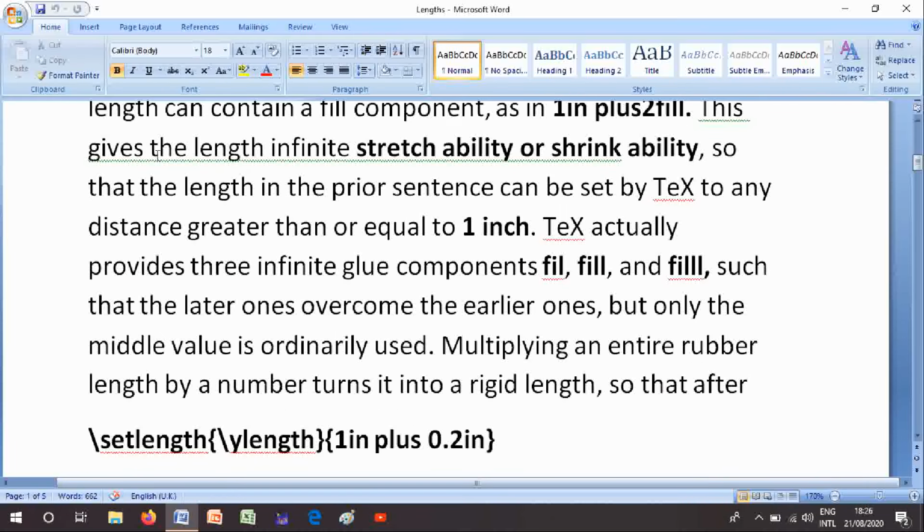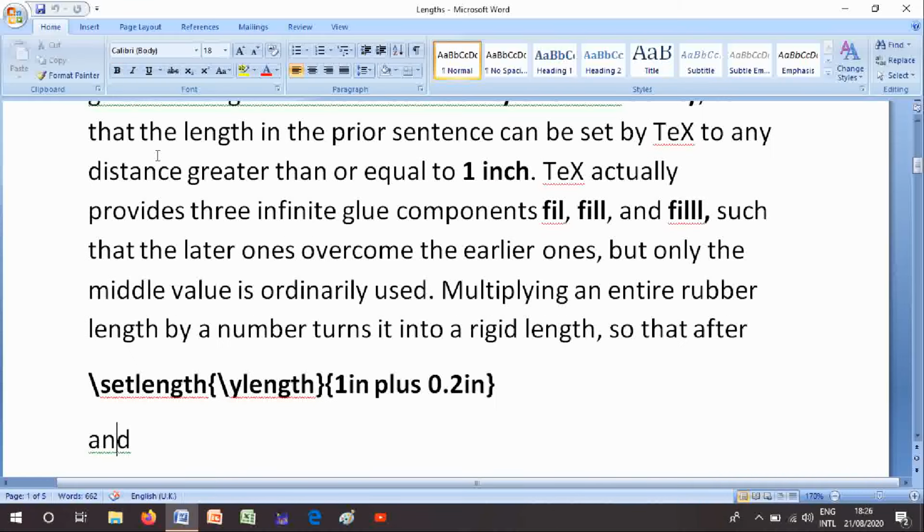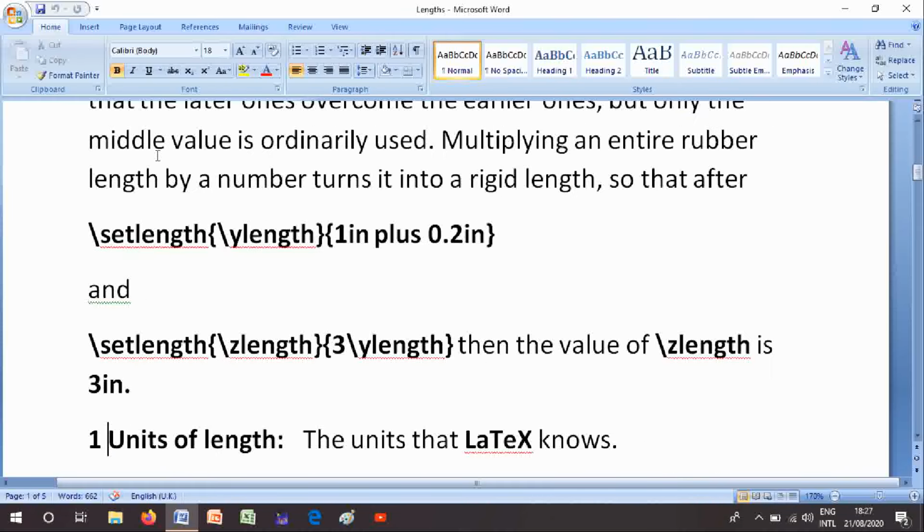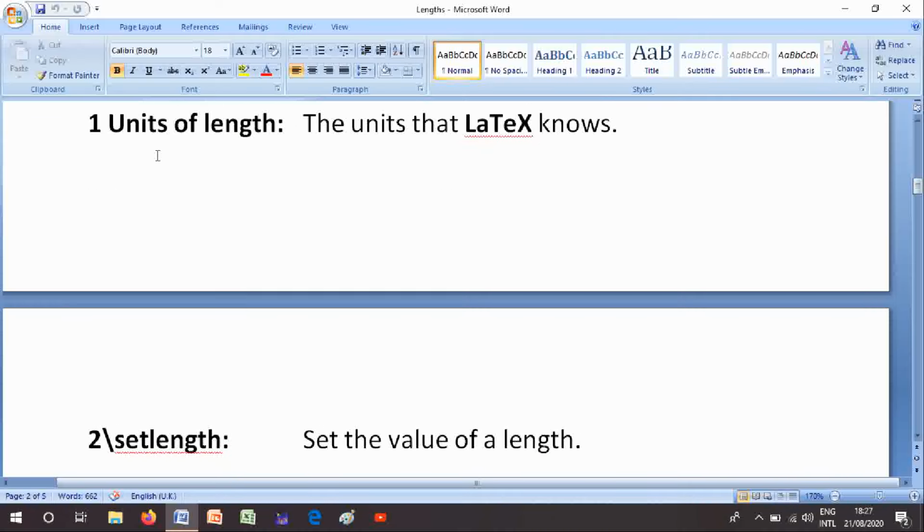Multiplying an entire rubber length by a number turns it into a rigid length, so that after \setlength{\ylength}{1 inch plus 0.2 inch} and \setlength{\zlength}{3\ylength}, the value of \zlength is 3 inch.